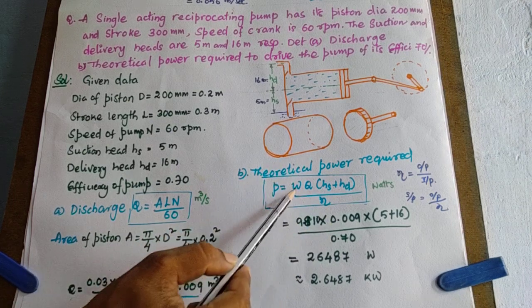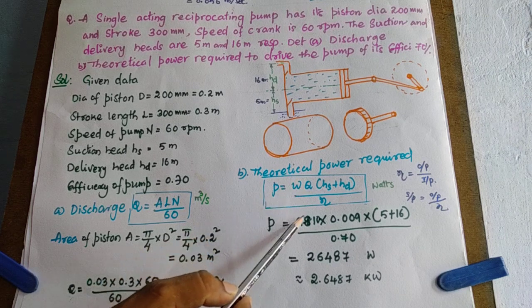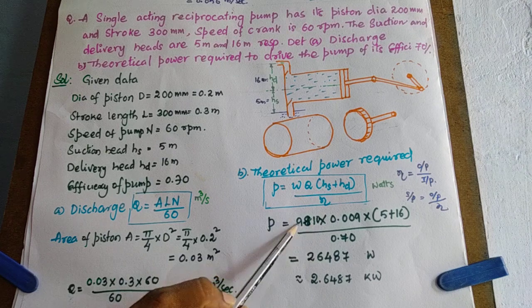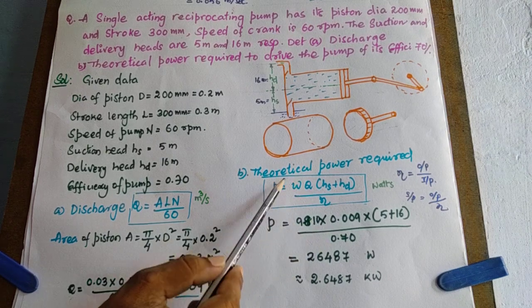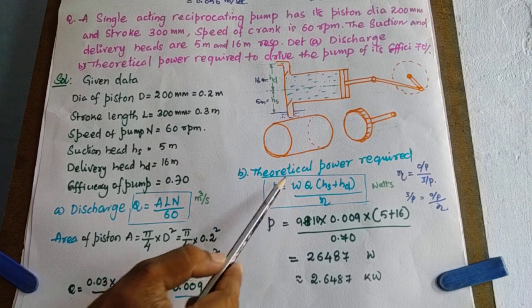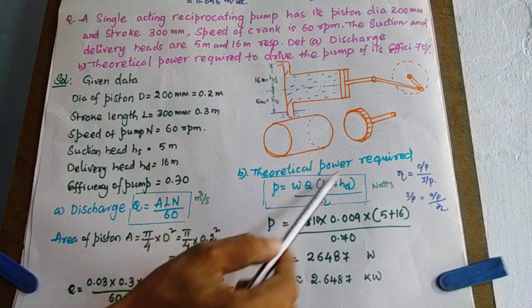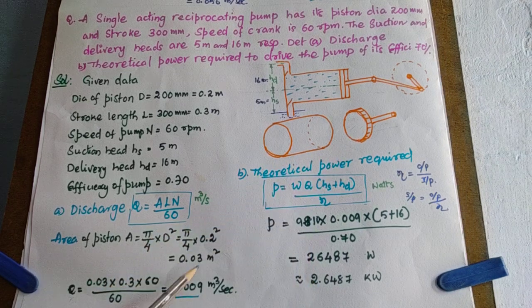So P equals the specific weight of water, 9810 Newton per meter cube, times Q. Since we are asked to find the theoretical power, you put only the theoretical discharge.